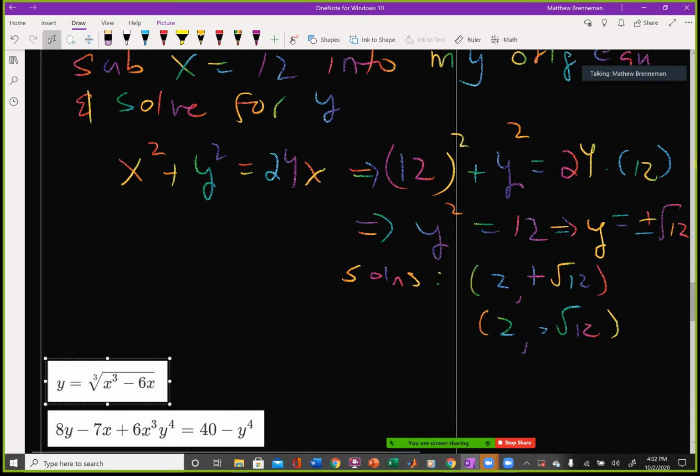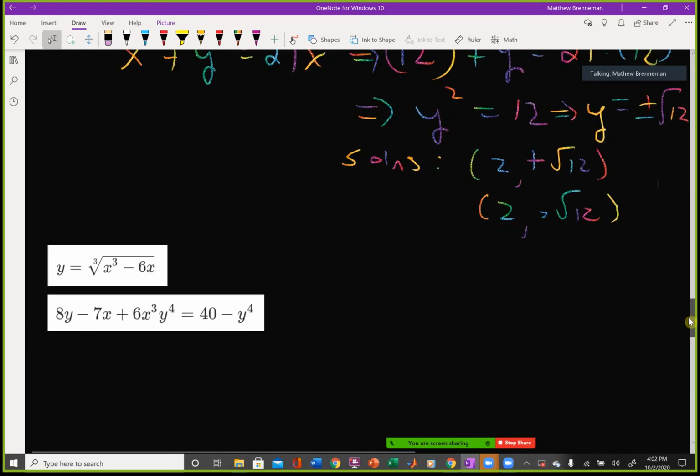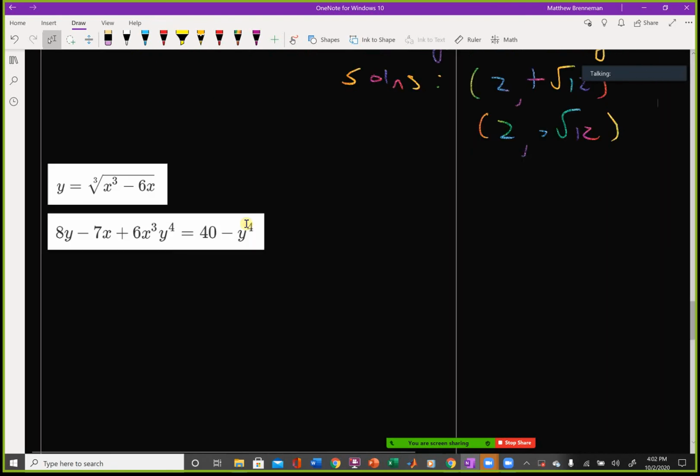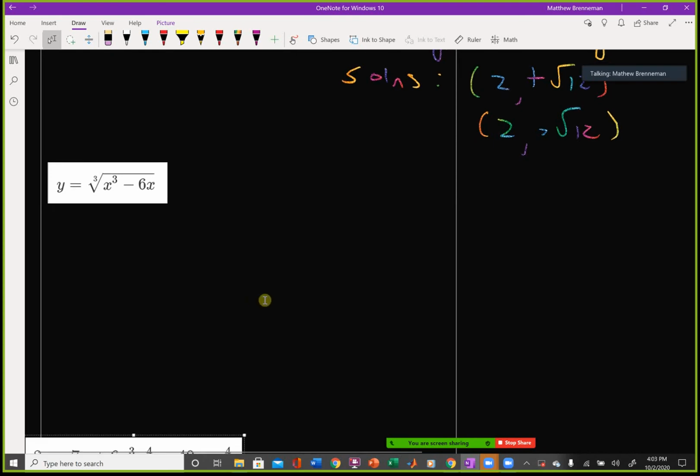So I want to take the derivative of this. Again, I want to map out my strategy, right? What sort of function do I have here? What am I going to use? What is my form? So here I'm going to have a function of a function.